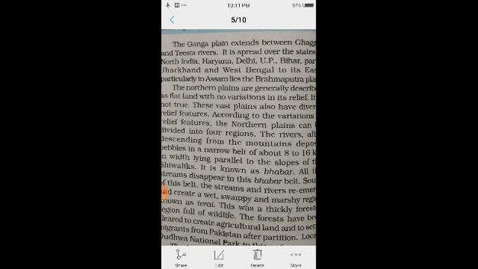What is the feature of this Tarai region? Always wet, swampy and marshy. This was a thickly forested region full of wildlife. Tarai region is a thickly forested area full of wildlife, different types of wild animals and plants found in this Tarai region.